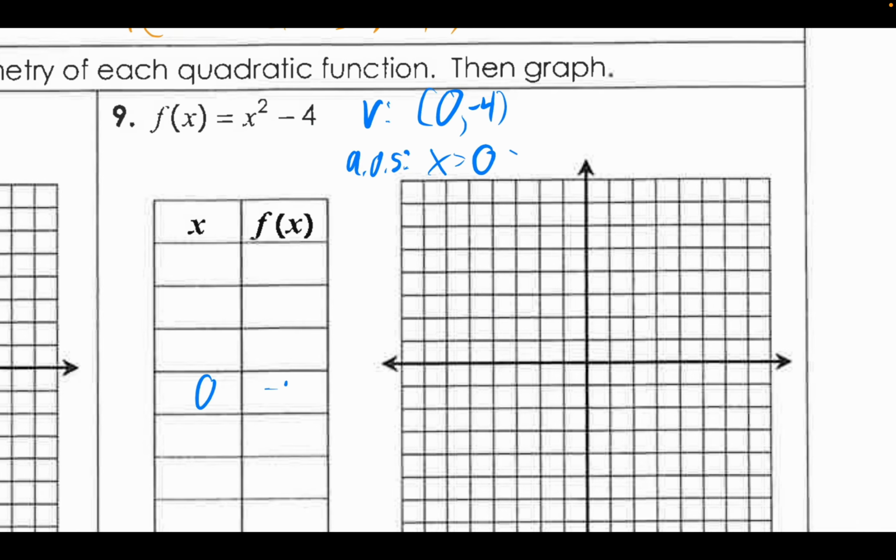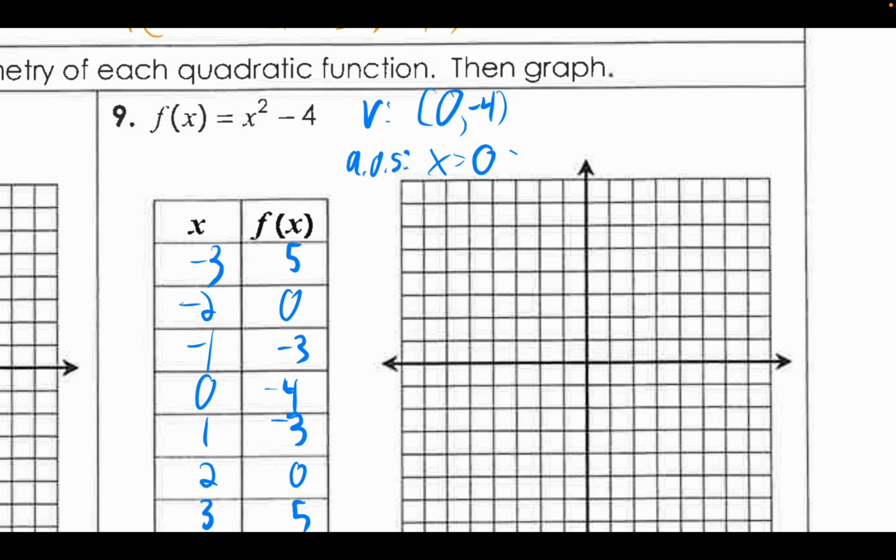Put that in the middle of my table. Put numbers corresponding on each side of it, increasing and decreasing. I just choose the next integers, but really you could pick whatever numbers you'd like. As I plug each of these x values in, noting that I plug in -3 being squared in parentheses because this number is negative, I end up getting the y values of 5, 0, -3, -3, 0, and 5.